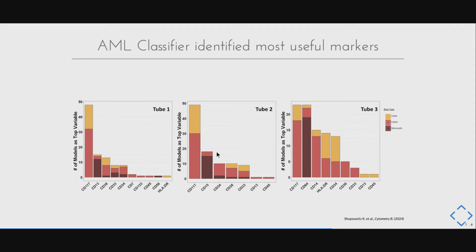The message here is that CD117 actually performed unexpectedly well, and is a top-ranked marker across all 3 tubes, especially in tube 1 and tube 2. A side point here is that for the majority of AML phenotypes, 6-color flow might be sufficient to pick up the AML residual cells.